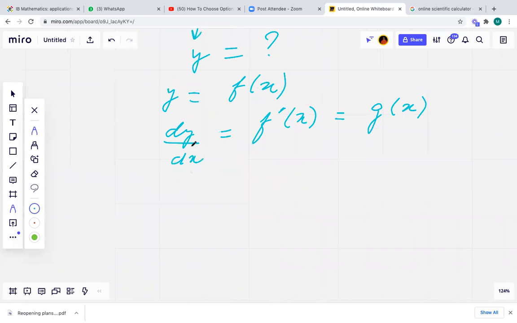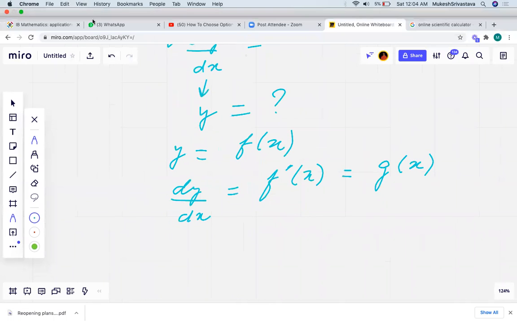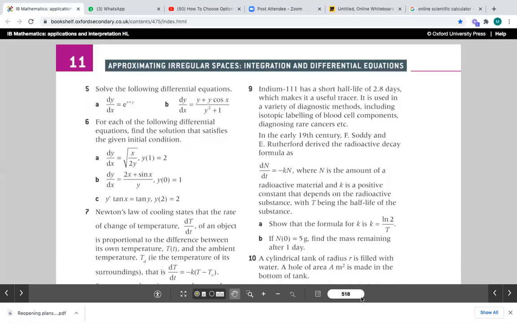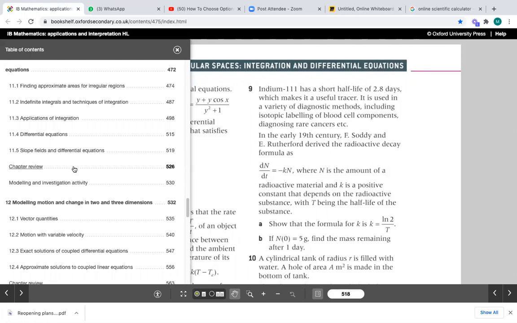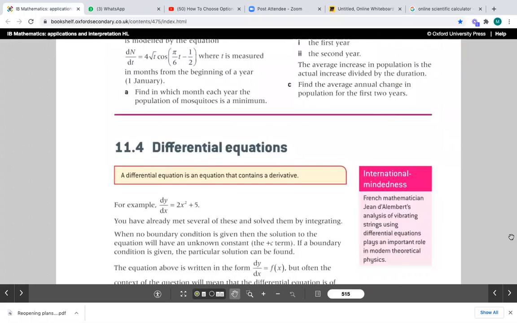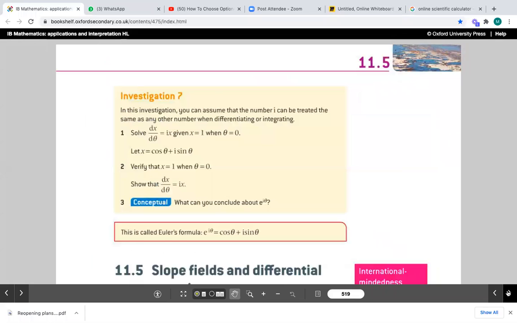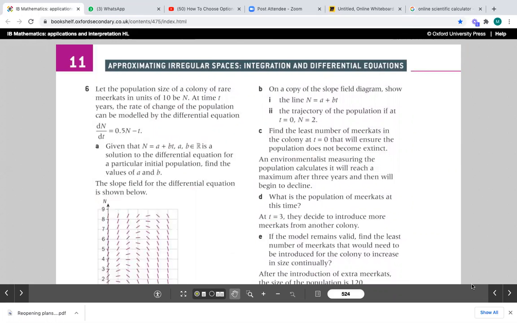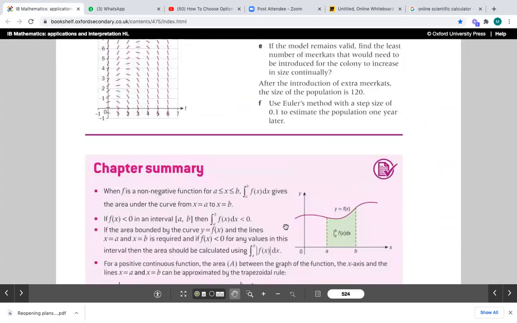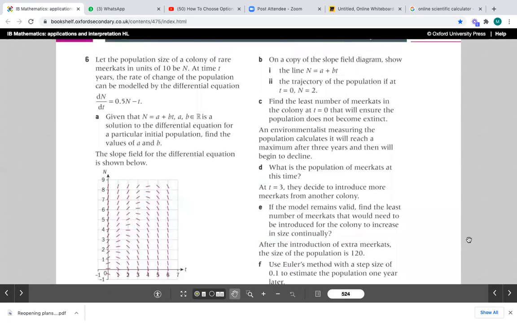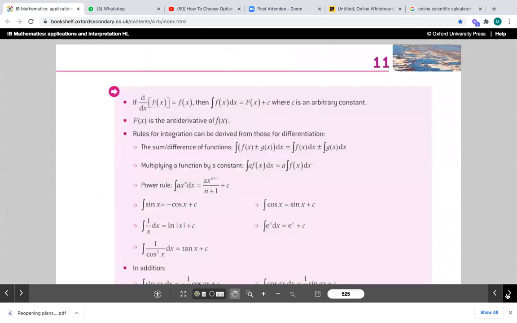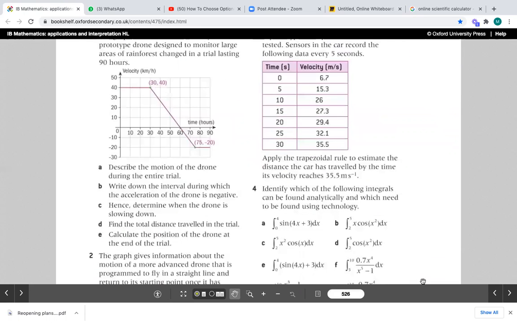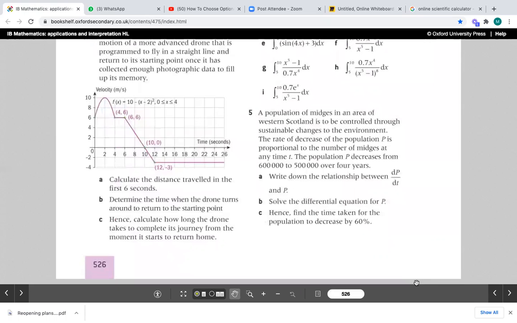Let me take an example from here. So this whole concept, Euler's method, is a method for solving a differential equation.